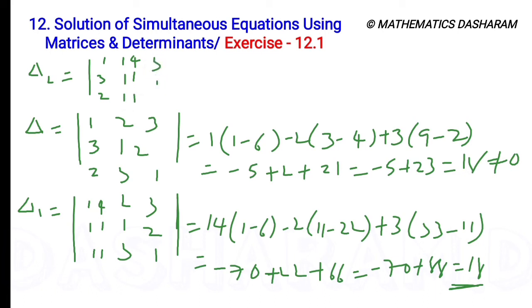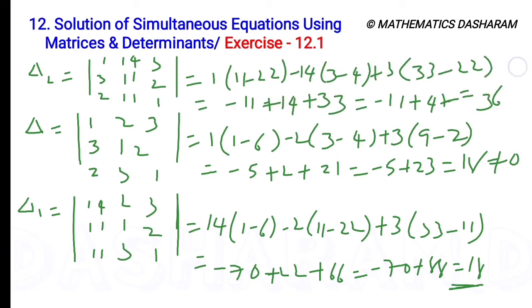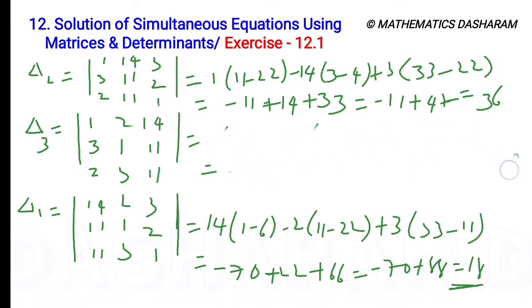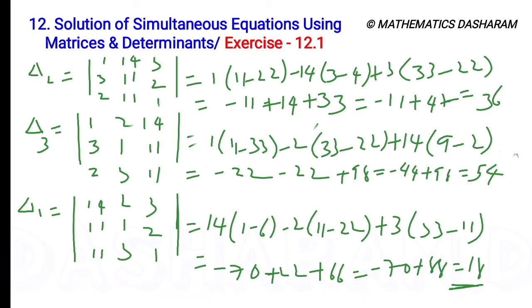Let's find its determinant. So delta 2 equals 36. Next, delta 3: replace the third column with constant numbers 14, 11, 11. Let's find its determinant by expanding the first row elements. So delta 3 equals 54.